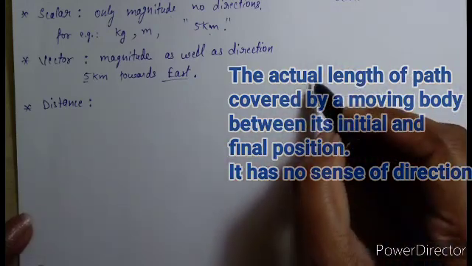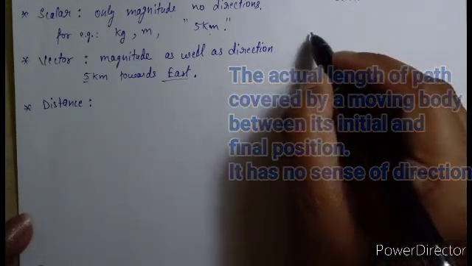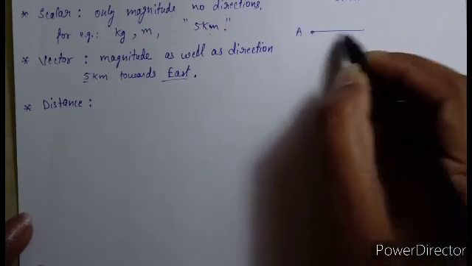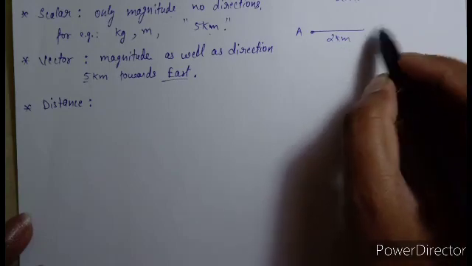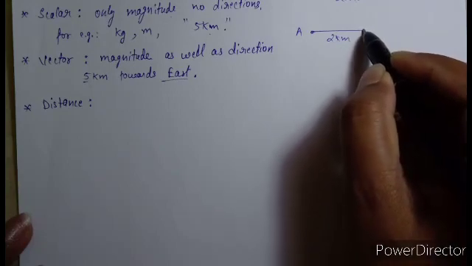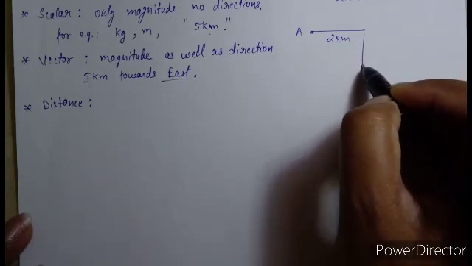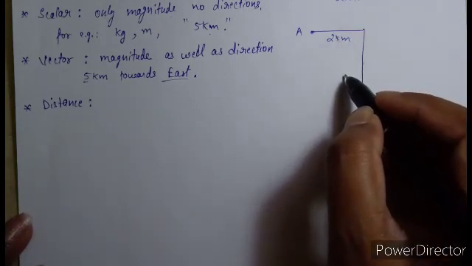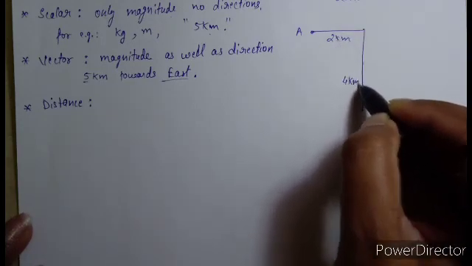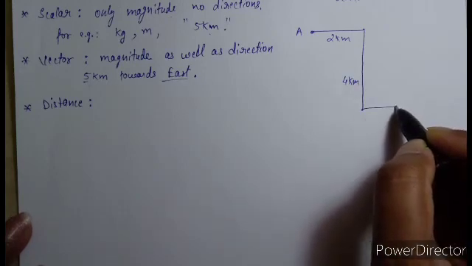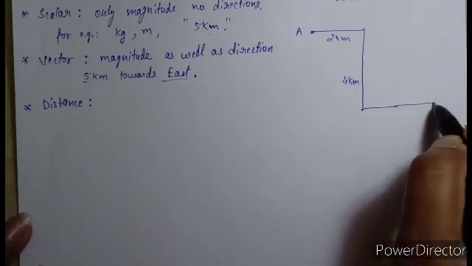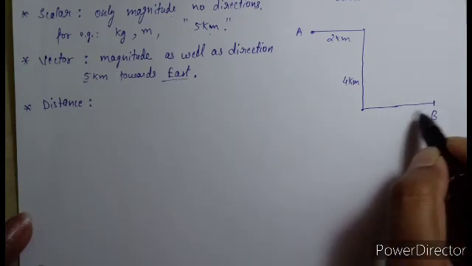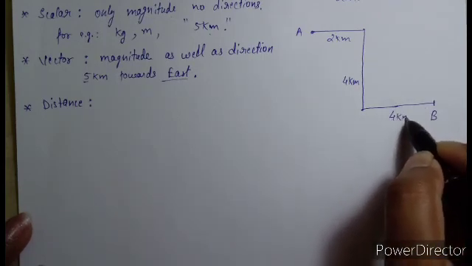If an object starts from a point A, it travels 2 kilometers, then comes to another point which is 4 kilometers further, and then to its final destination, which is also 4 kilometers.